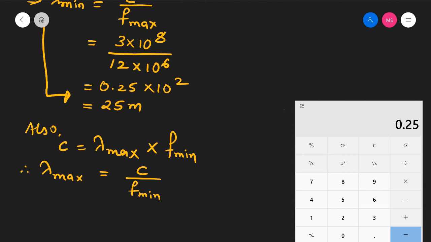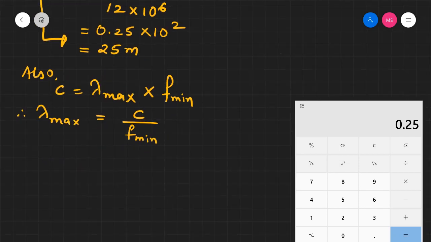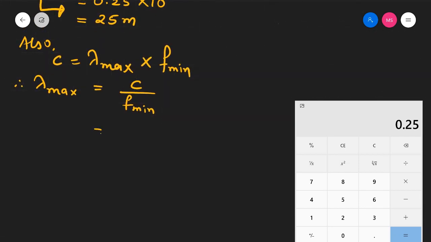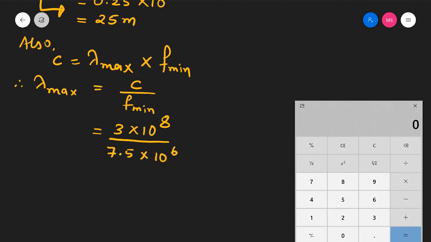So that is equal to 3 into 10 to the power 8 over 7.5 into 10 to the power 6. So 3 divided by 7.5 is 0.4. So this is 0.4 into 10 to the power 2, or you can say that 40 meter.